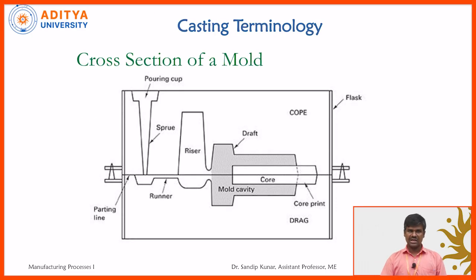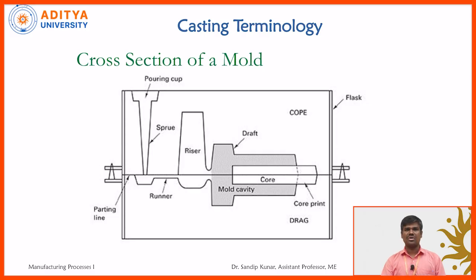This is the general figure of the gating system, and it is also called the cross section of a mold. In that particular mold we can see three main parts: cope, parting line and drag.